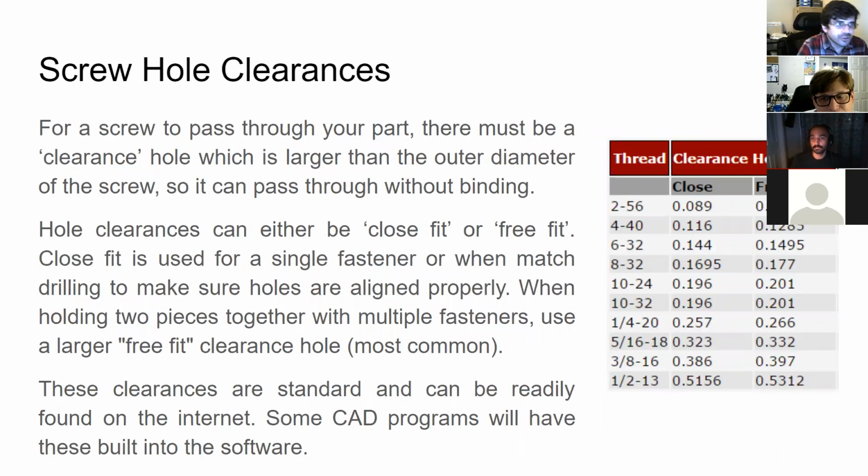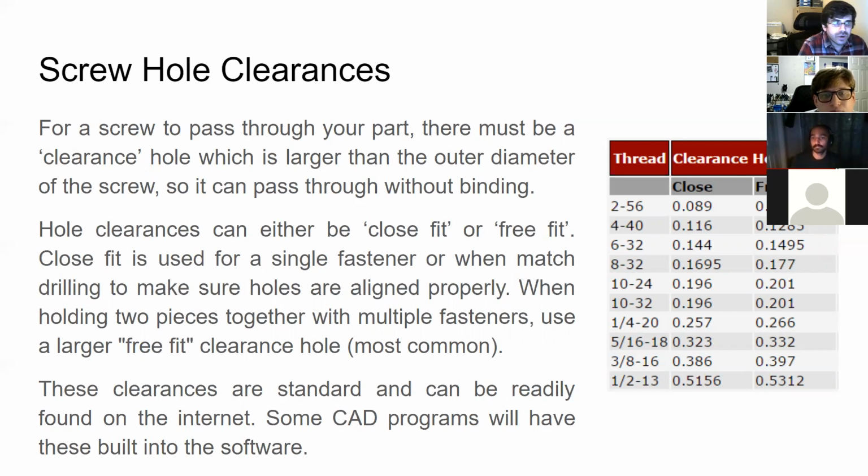And screw hole clearances are a thing. You don't need to make this up. In Onshape and other CAD software, when you make a hole using what they call the hole wizard, you just select the size of screw and it will make the hole for you. There are different sizes of clearance holes. So for a particular screw, you might have a close fitting clearance hole or more of a free fitting clearance hole.